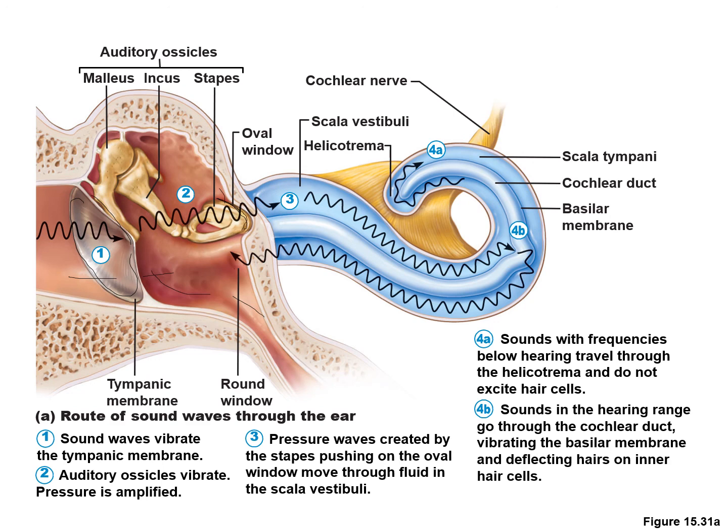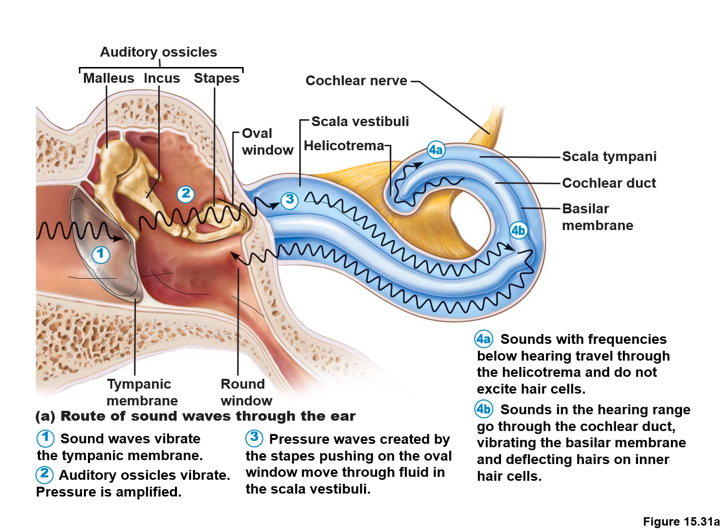That vibrational energy is essentially going to be transferred through these ossicles. So the auditory ossicles are going to vibrate, the pressure is amplified through this system, and then the pressure waves that are created by the stapes pushing against this oval window move fluid within the scala vestibuli. So this is what we're seeing here, the fluid basically being displaced.